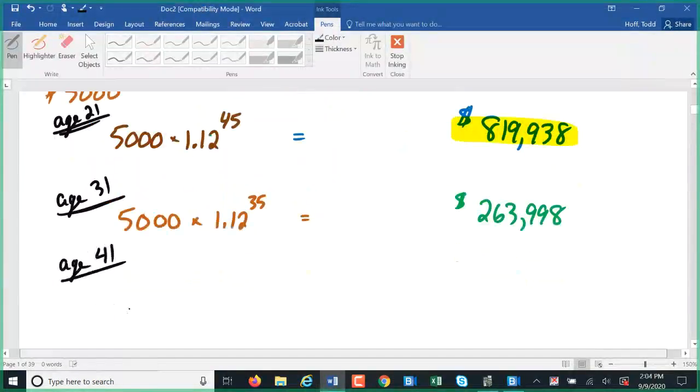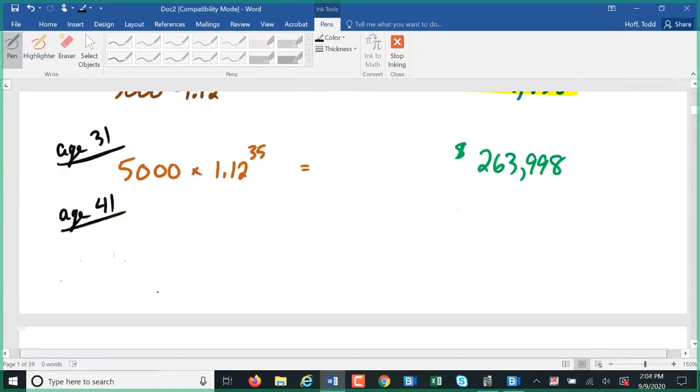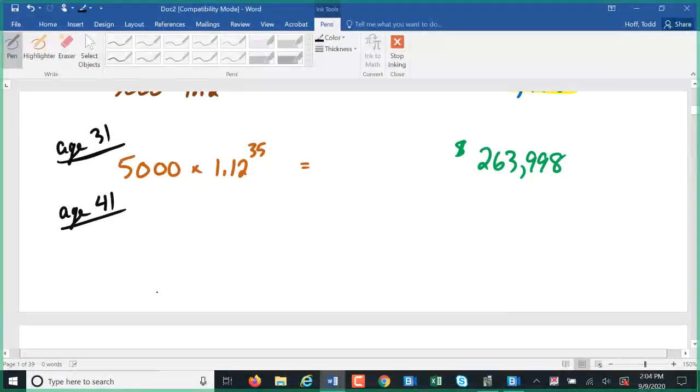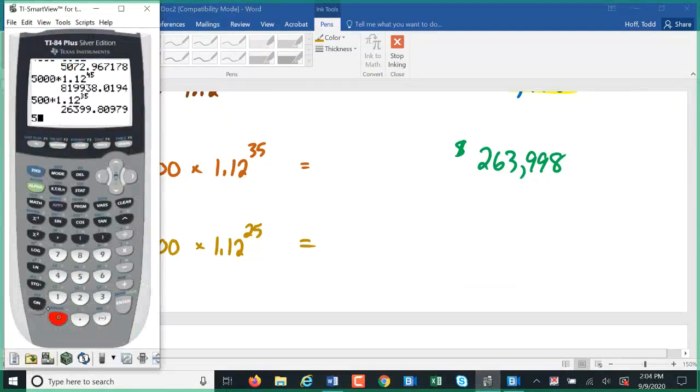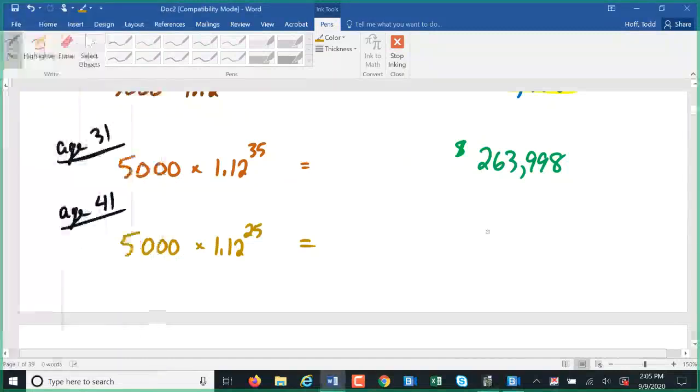So at 31, you had kids, you decide you need to pay for them. You wait till 41, you finally decide, okay, time to do it. Put away that $5,000. Let's assume you can still average 12% interest. It's only going to be in for 25 years. You're only going to get $85,000.